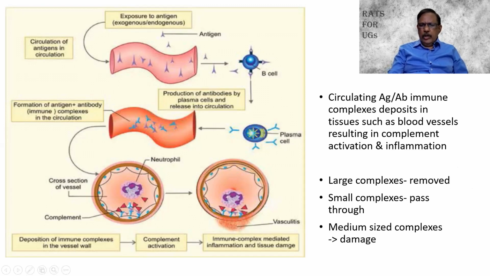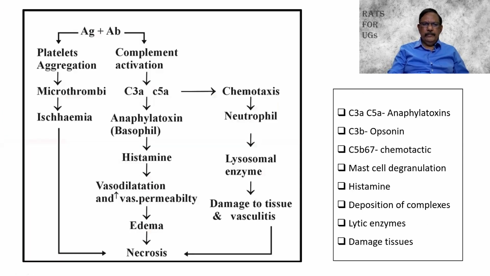But when the complex is medium sized, it gets trapped and it precipitates the reaction. This one we should have in mind. The same philosophy we shall be applying in glomerulonephritis also. So this is the pathogenesis. Please do remember, I shall be repeating it any number of times.